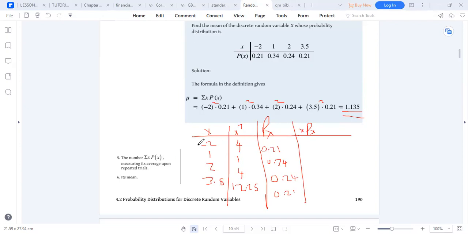When you multiply 0.21 times -2, we get -0.42. 1 times that, we get 0.34. 2 times that, we get 0.48. And this by that, ultimately the total will give us 1.135. Are you following?